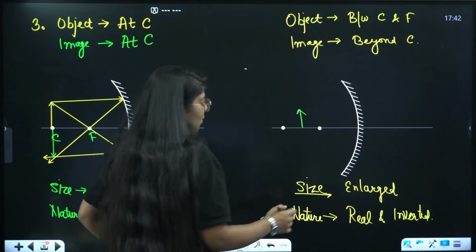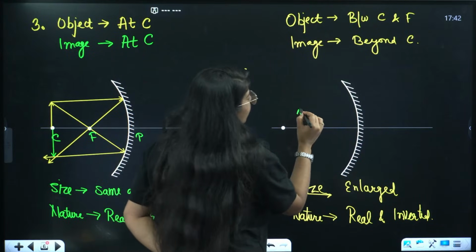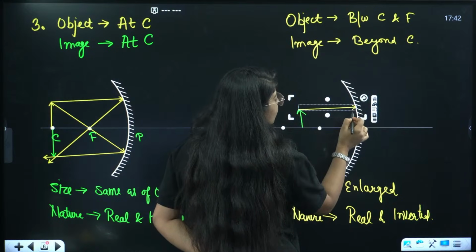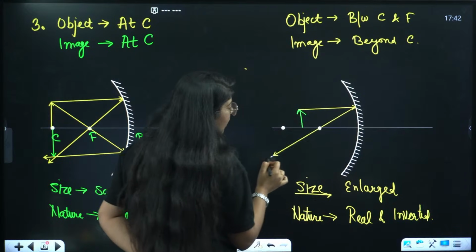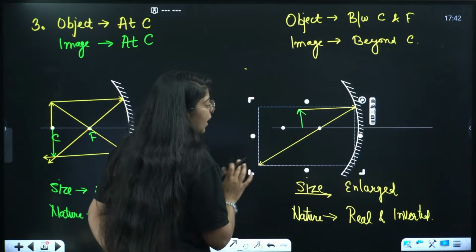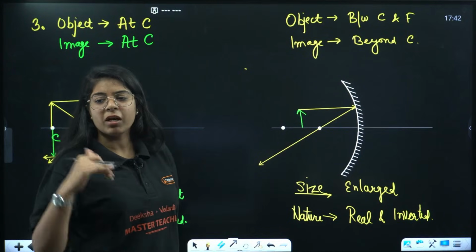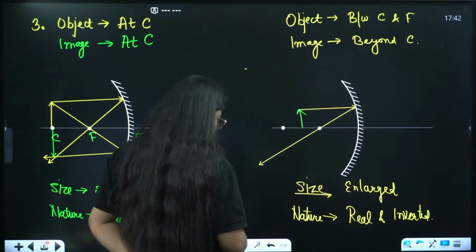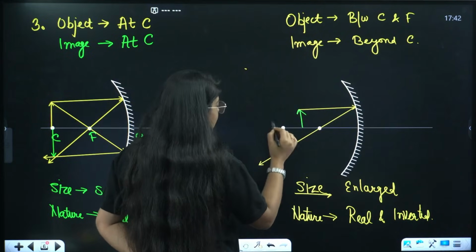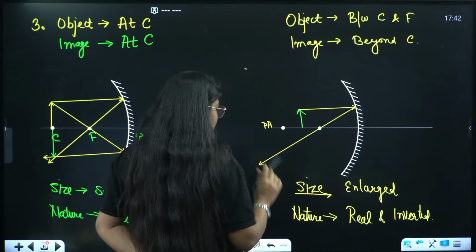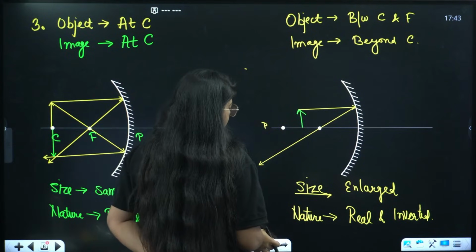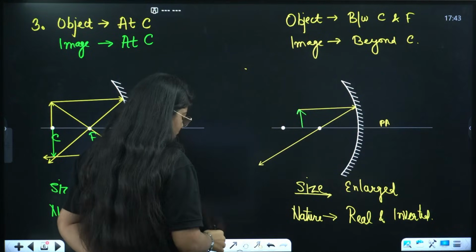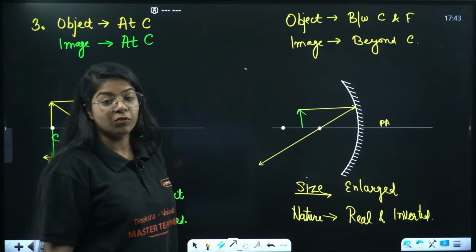चलो, what you have to do? First, the ray will be parallel to the principal axis and it will pass from focus. Done? Till here, done? This is very basic. We are repeating the same thing again and again. The ray is parallel to the principal axis and will pass through focus.